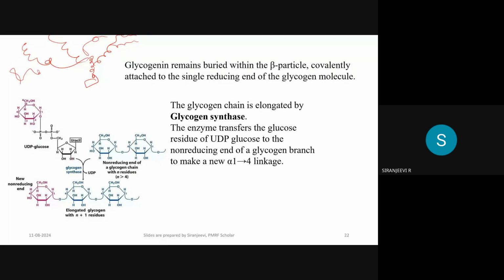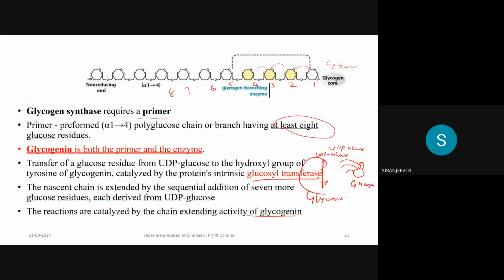UDP glucose has come. Then glycogen synthase will act as the next enzyme. It will remove the UDP, and then add a glucose molecule to the existing primer by making the alpha 1,4 linkage. First, the action of glycogenin, that is the primer and the enzyme, will happen, and it will get glycosylated on its own.